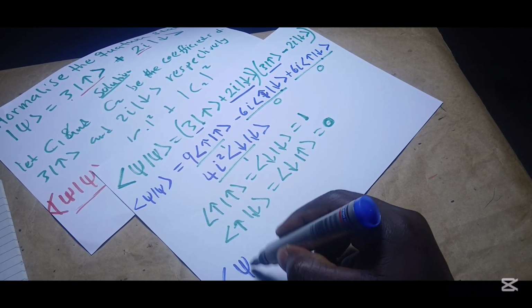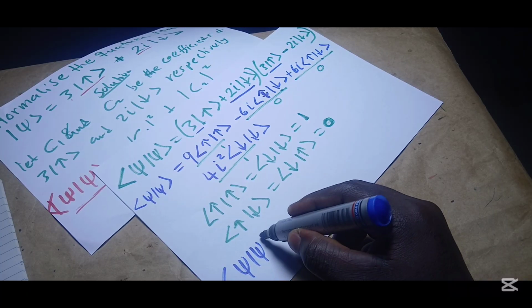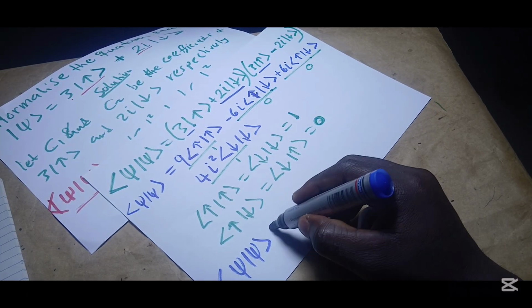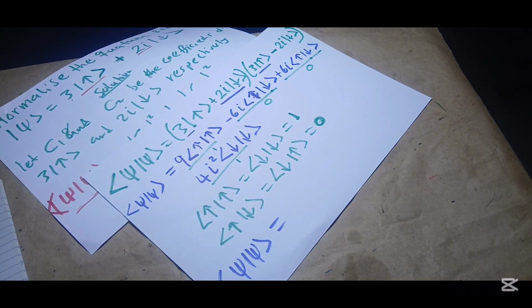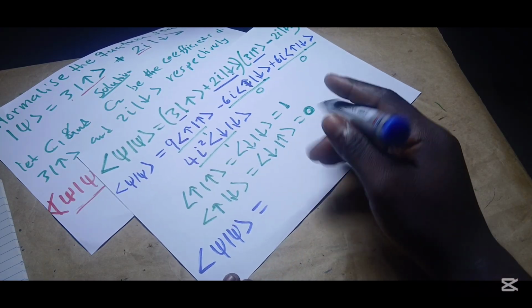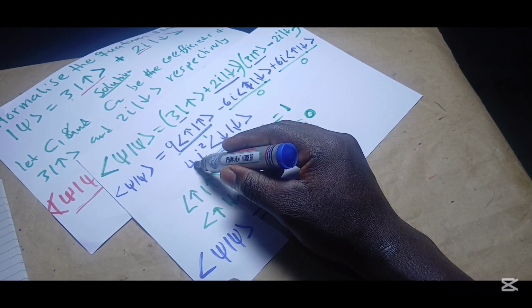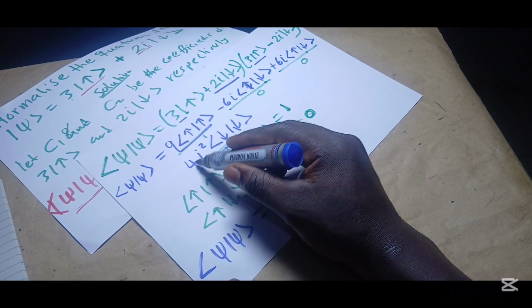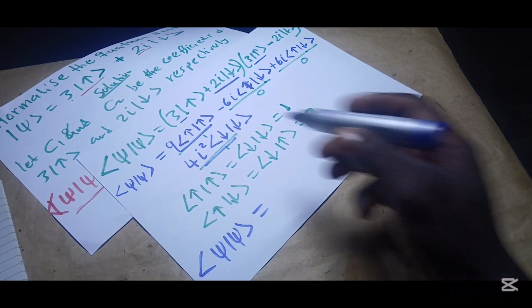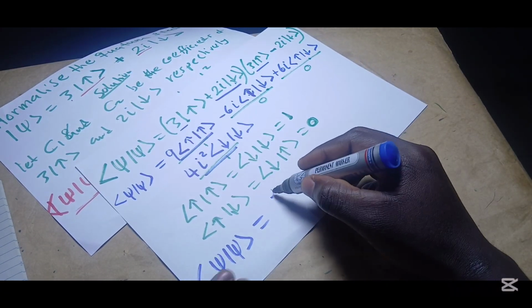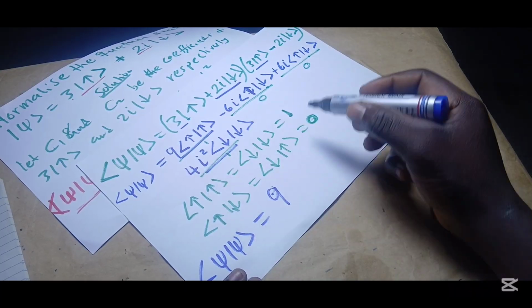Our ⟨ψ|ψ⟩ would be equal to... Now our major concern is on this and that. So 1 multiplied by 4, right? Let's start with 9. So we have 9, and here we have 4.